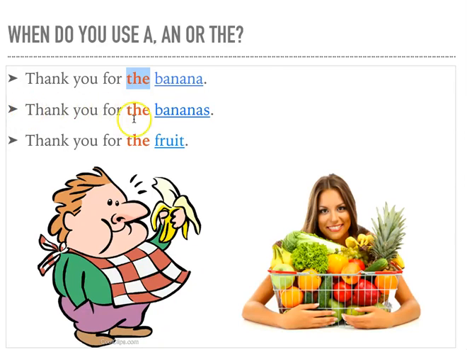Or I can use thank you for the bananas if I gave 5 or 6 bananas in total. Again, we use the because both my friend and I, to whom I am talking, know exactly which bananas we're talking about. And again, thank you for the fruit. When we have a correspondence or communication, we need to understand that the is used with specific fruit.